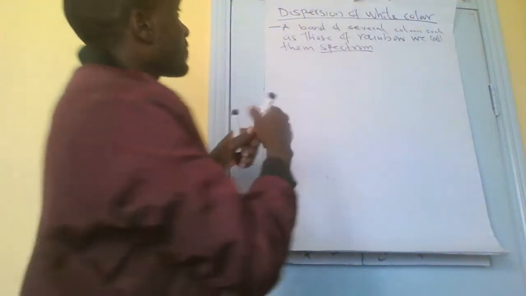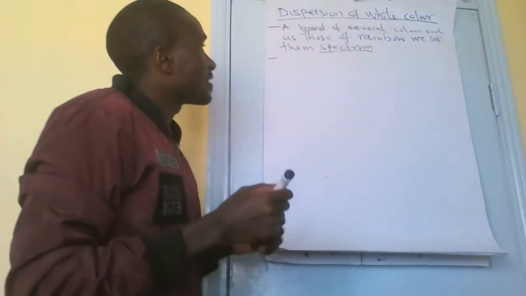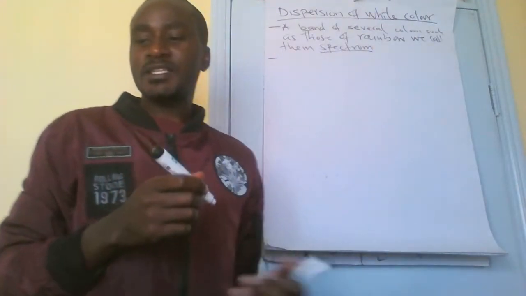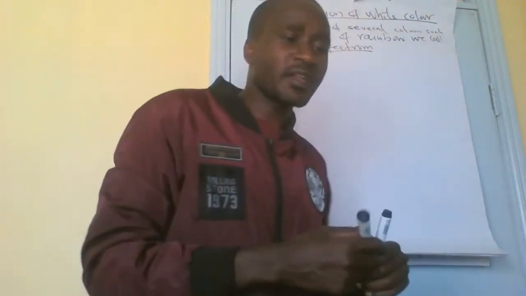What brings a band of color? That's the splitting of white light, dispersion of white light to form a band of 7 colors, and that's the formation of a rainbow.